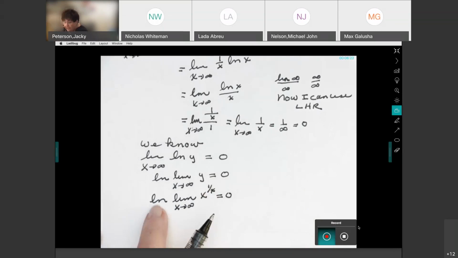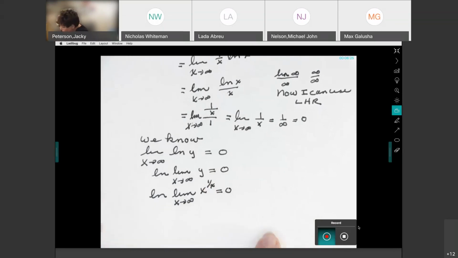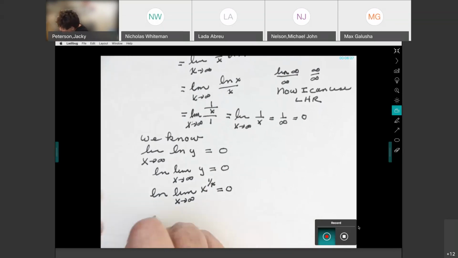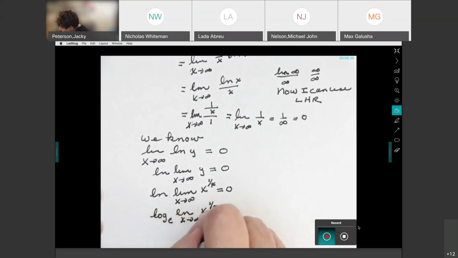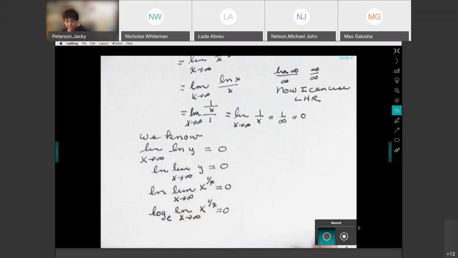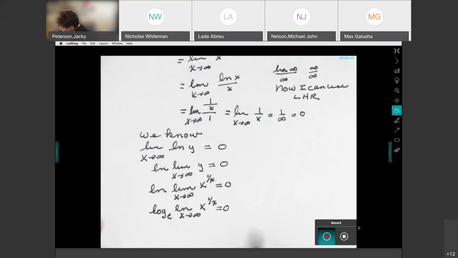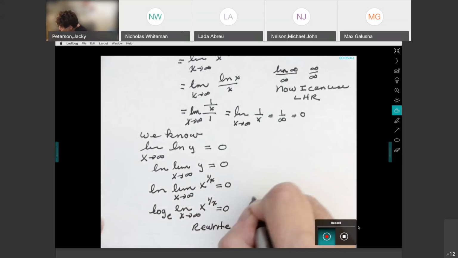I have something I can actually solve, because the natural log of x is just log base e. And now just rewrite. So the natural log, whoops.